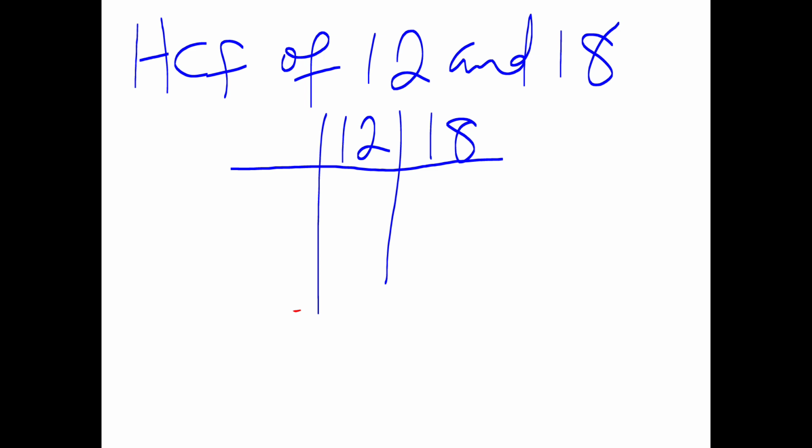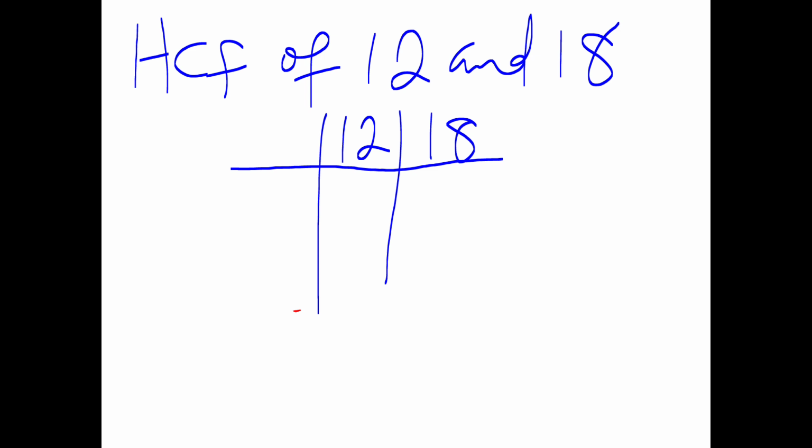So we start with the smallest number that is going to divide 12 and 18 at the same time. You know, we are dealing with common factor. What is in 12 and is also in 18? So you divide by a number that will divide 12 and 18 at the same time.